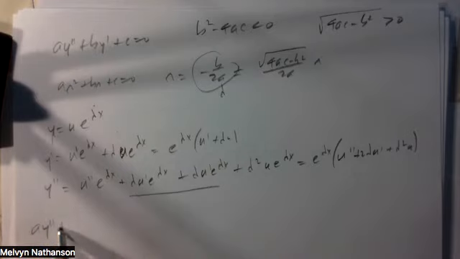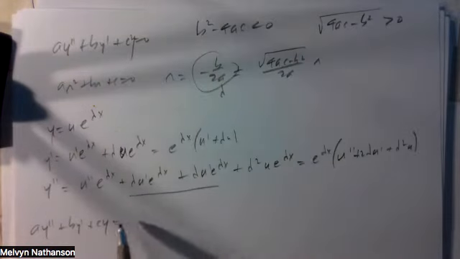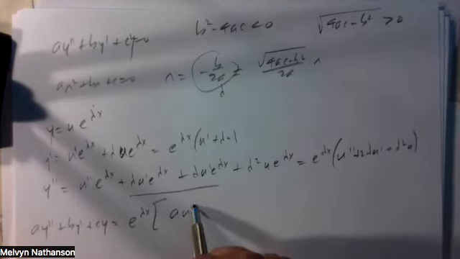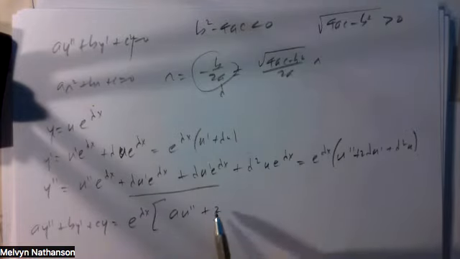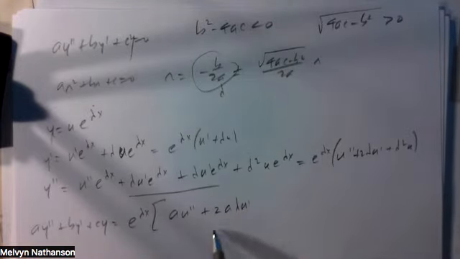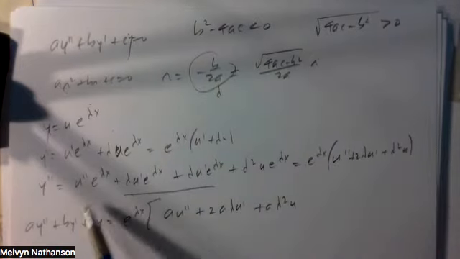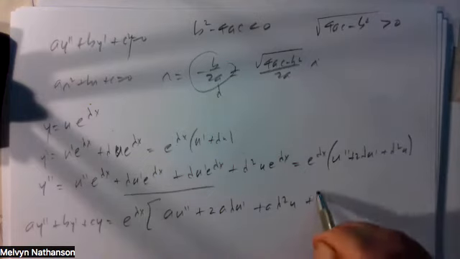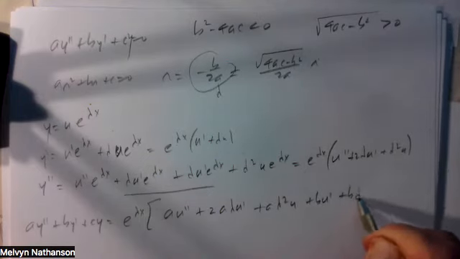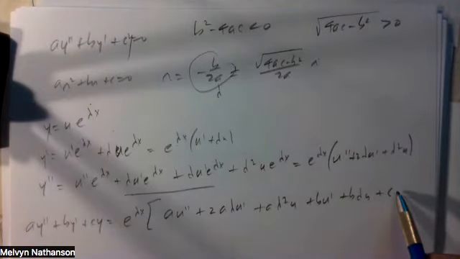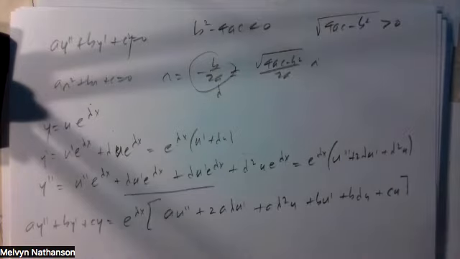So ay double prime plus by prime plus cy is equal to e to the lambda x times a times this: a u double prime plus 2a lambda u prime plus a lambda squared u, plus by prime, so I get plus b u prime plus b lambda u, plus cu.